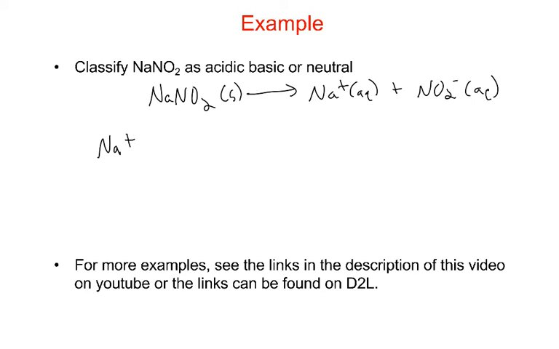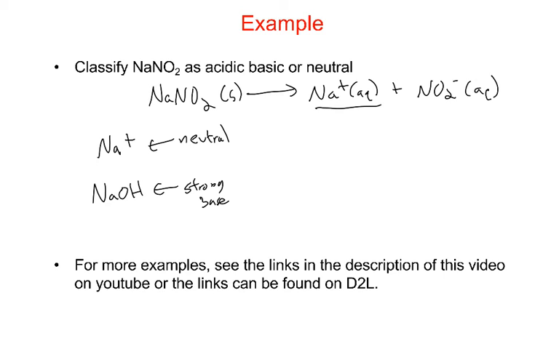The cations are potentially acids, so I need to find its hydroxide, and so that's going to be NaOH. Now NaOH is a strong base. So that means that Na+ is going to be such a weak acid that it is in fact neutral. So the Na+ is not going to affect the pH, it's going to be neutral.